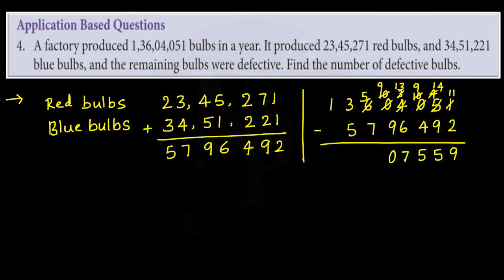Subtracting 7 from 5 is not possible. Regroup, make it 2, and this will become 15. Subtract 7 from 15, you get 8. And subtracting 5 from 2 is not possible. This becomes 0, and you make it 12. Subtract 5 from 12, you get 7.